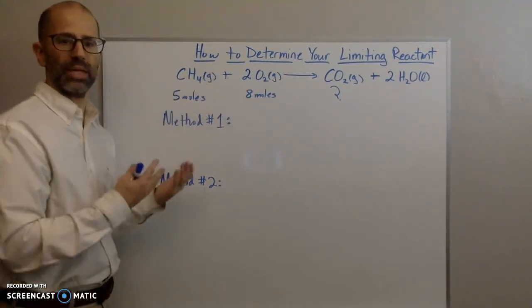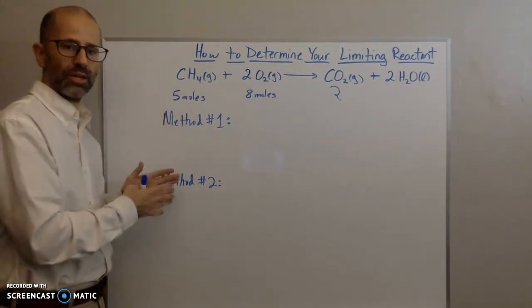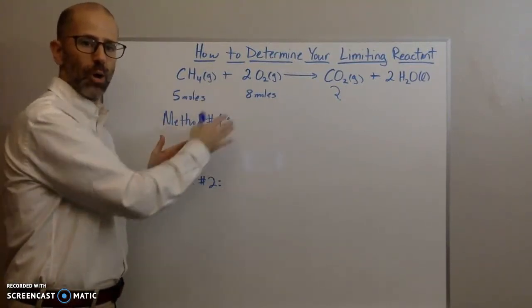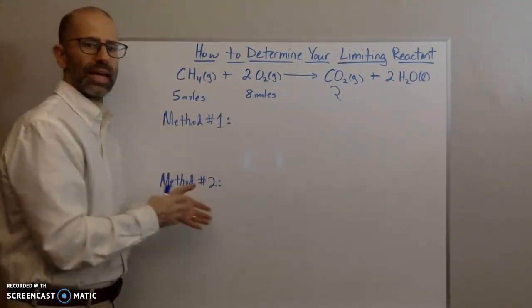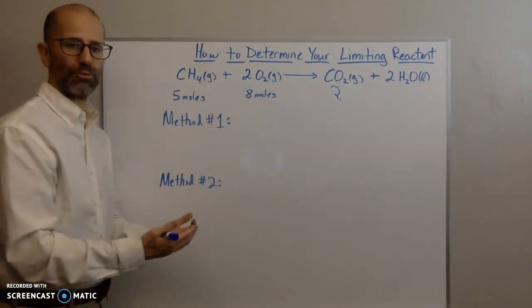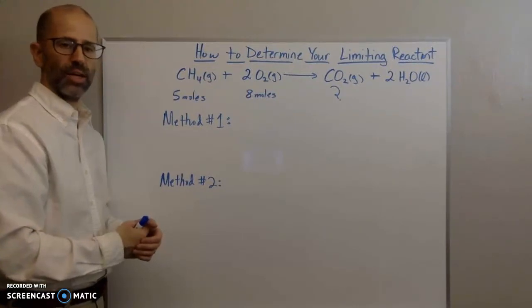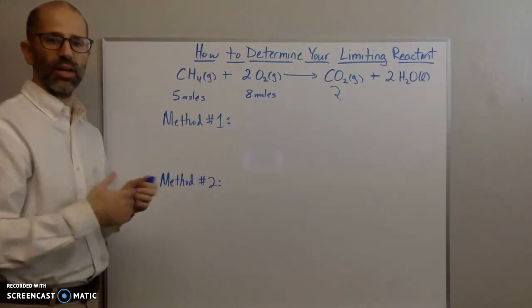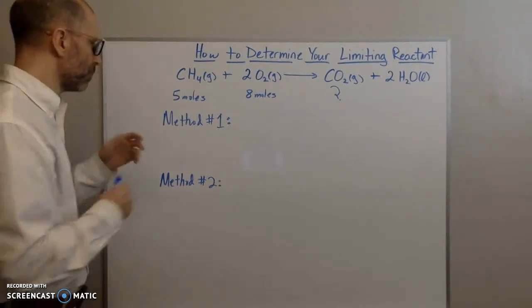This goes back to the pizza analogy I use, where we calculated how many pizzas I could get from each ingredient, and the ingredient that gave me the lesser amount of pizzas is the one that ran out first and would stop the pizza making process. So it's the same thing with chemical reactions.